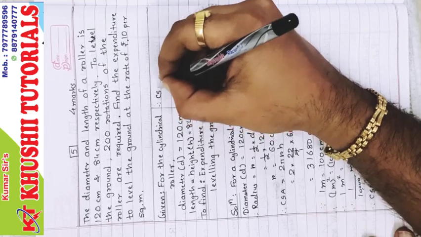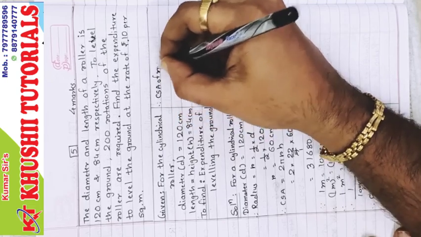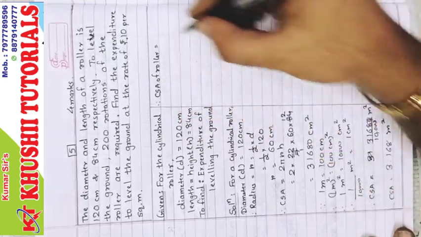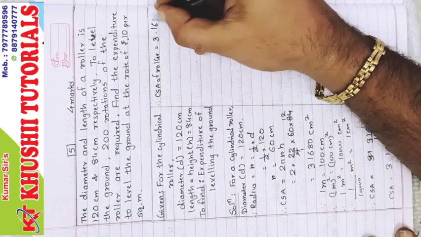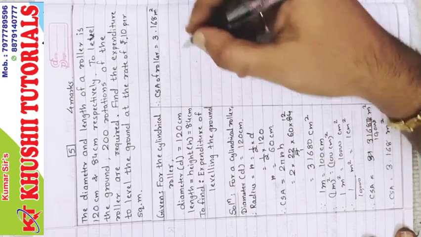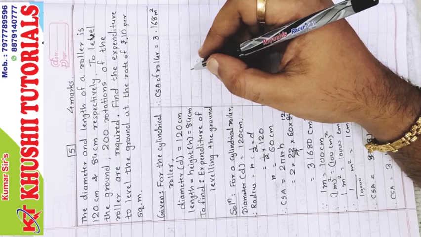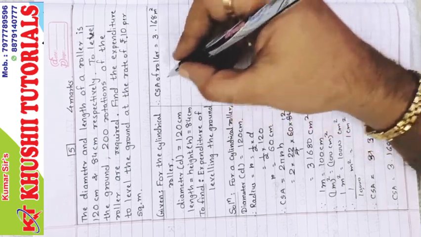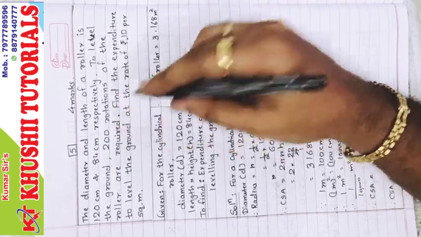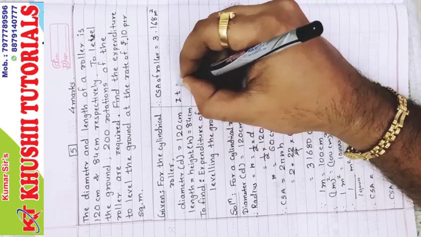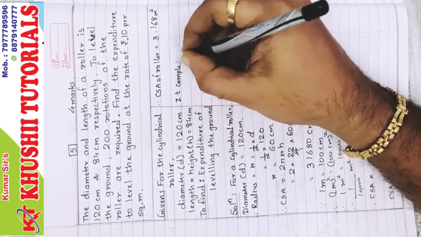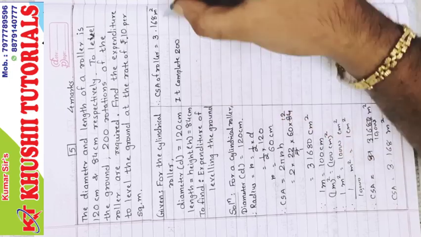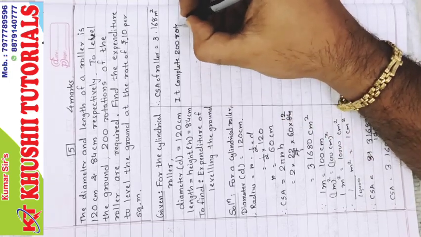Therefore curved surface area of roller equals 3.168 meter square. Now it takes 200 revolutions or rotations.